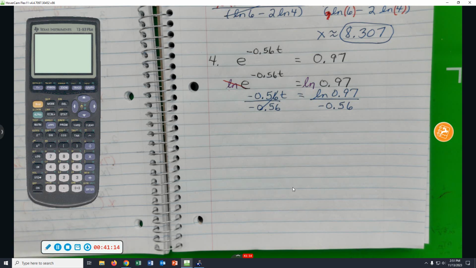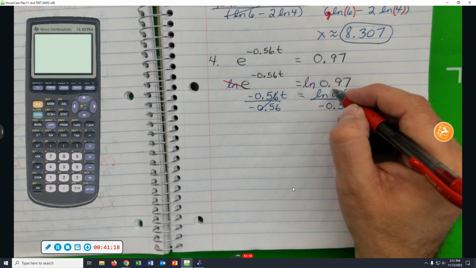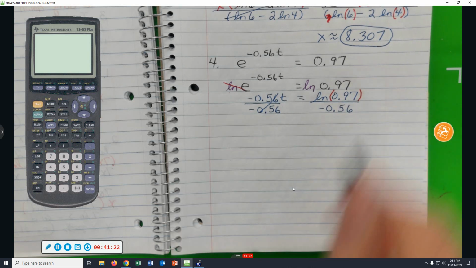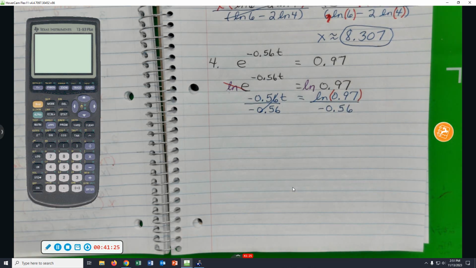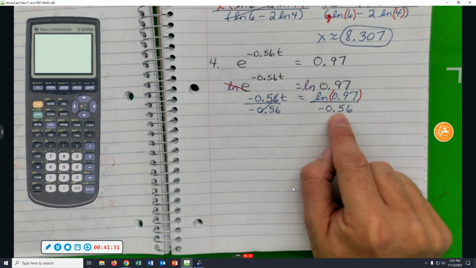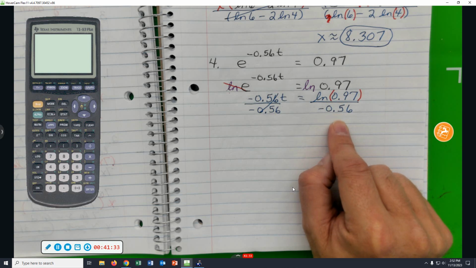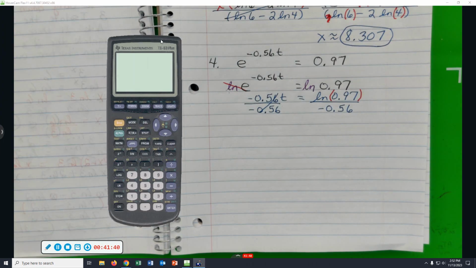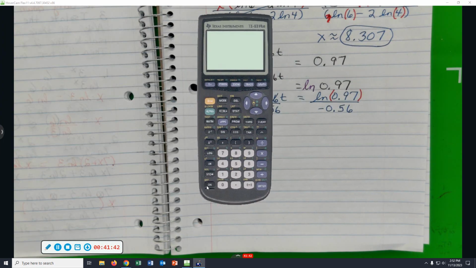This will be pretty easy to type in on my calculator, as long as I remember to close those parentheses right there. Do I need parentheses around the top and around the bottom? No, there's only one number, 0.97, on top, and only one number on the bottom. So, where's my calculator? Let me clear this.